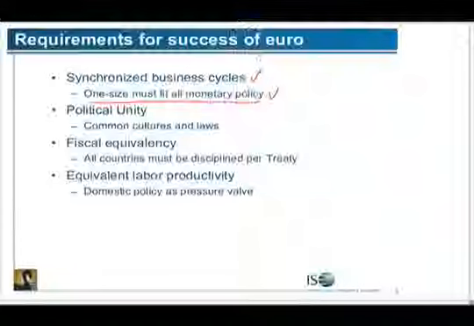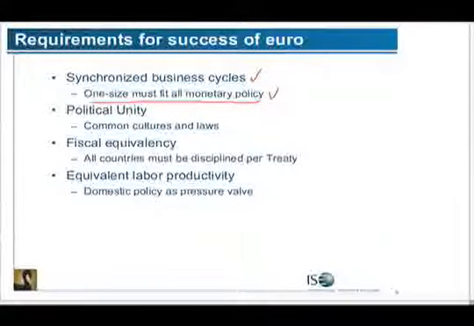This is another important one, equivalent labor productivity. Part of the reason the euro was created was this idea that you would have a lot of labor mobility. And even going into this process, everybody knew that Germany had the highest labor productivity rates across the zone.